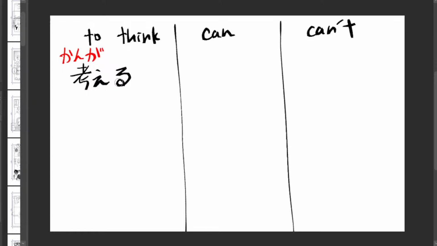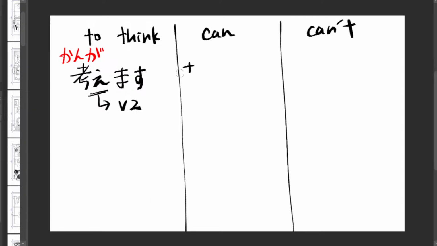This is informal, so in polite form it is 考えます. So the sound before mas is e. So this is V2.